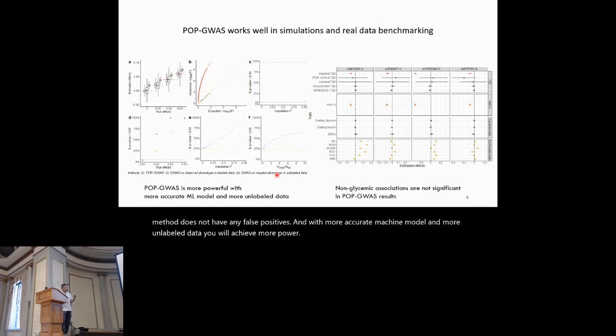Furthermore, we also applied our method to our real data benchmarking example to show that all the top associations with imputed type 2 diabetes are no longer significant in our post-prediction GWAS framework. And all of these are associated with the properties of blood cells instead of the control of glucose.